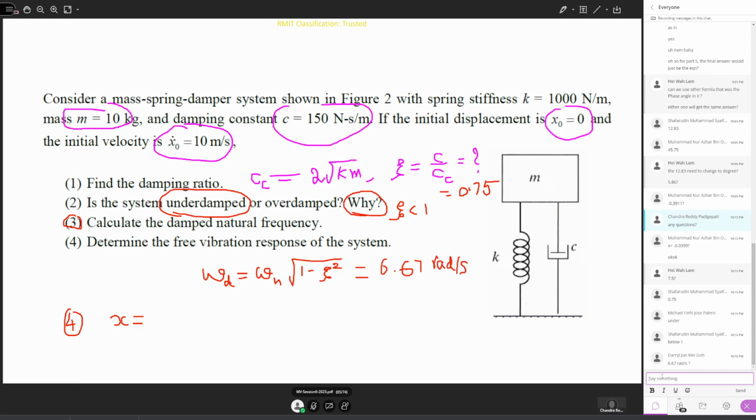Then the response of the system, the free vibration response of the system. You can write x is equal to A sine.